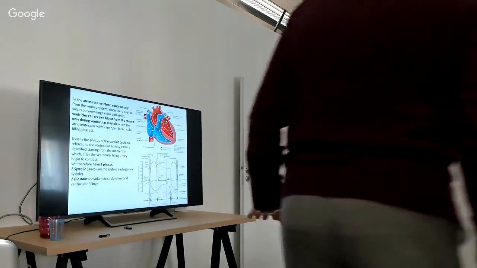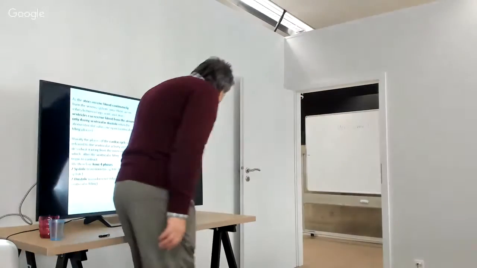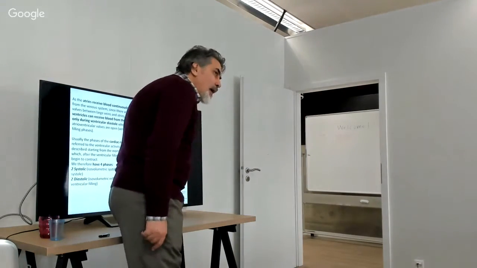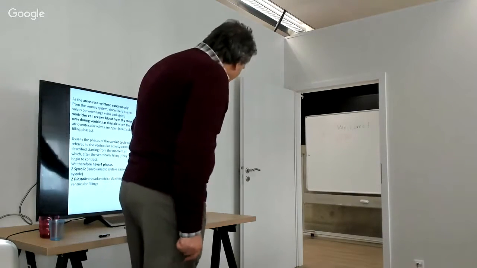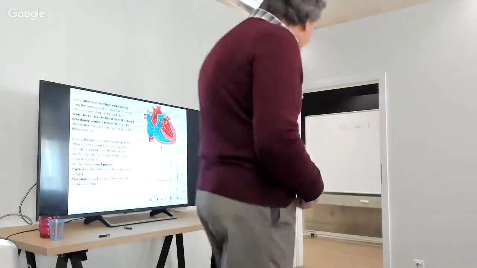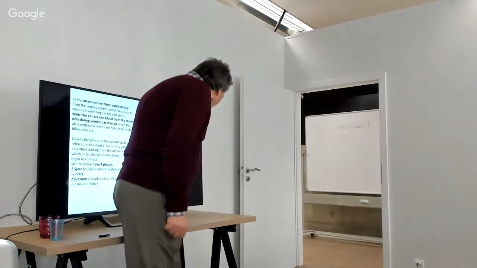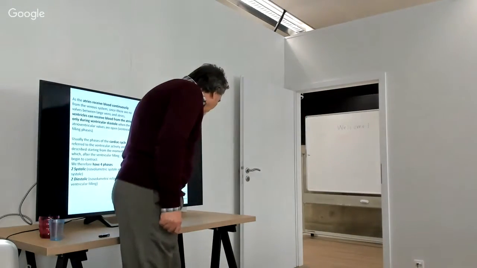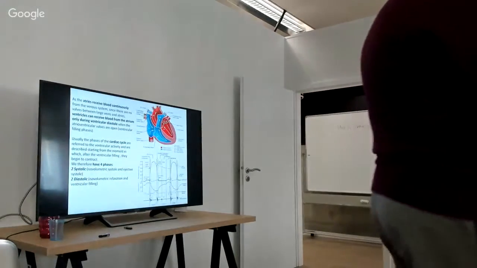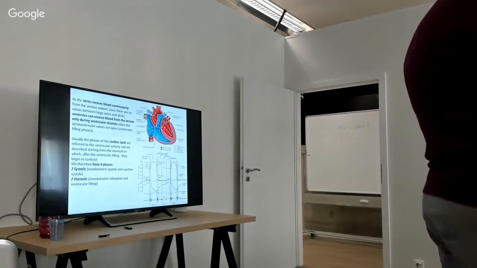Okay. This is the electrocardiogram. We have the P wave, then the QRS complex, and then a segment between S and T, which is the repolarization of the ventricle.